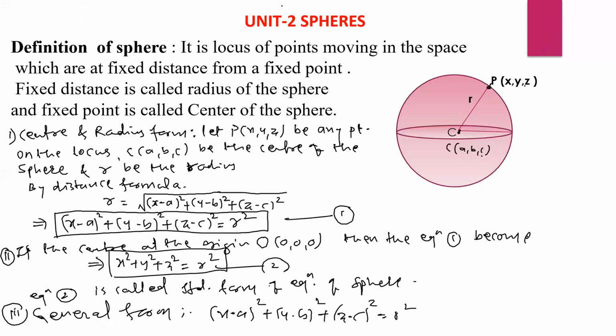Similarly the second, y square minus 2by plus b square, plus z square minus 2cz plus c square, is equal to r square.